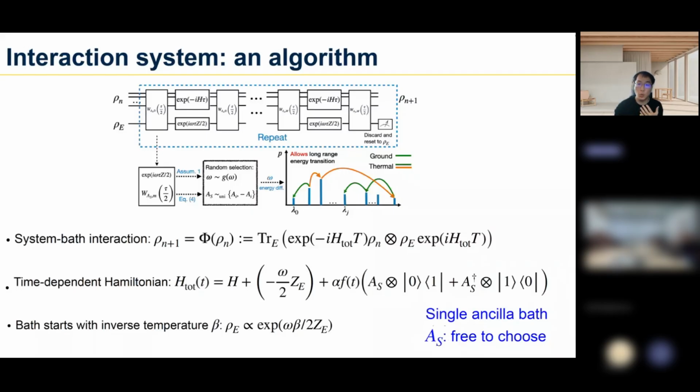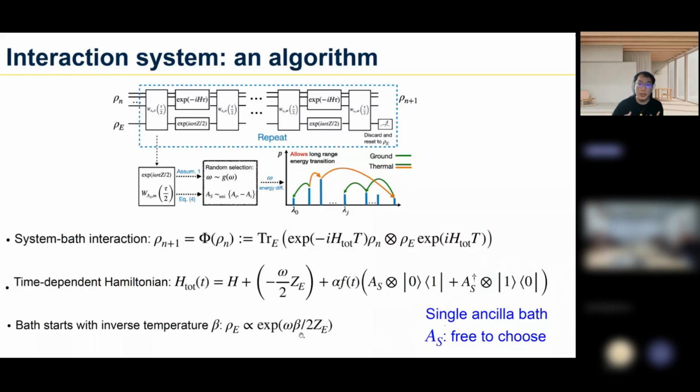You have many different ways to choose this coupling operator A_S. In each step of my algorithm, I will trace out and reset my bus density operator. In our work, I will always set my bus density operator to be the thermal state of my bus Hamiltonian.